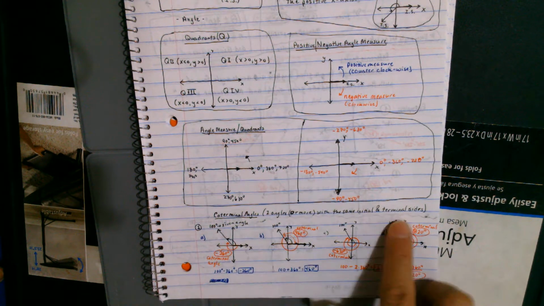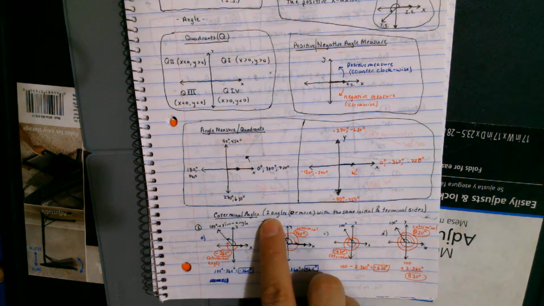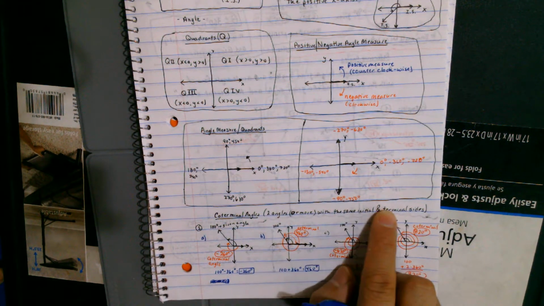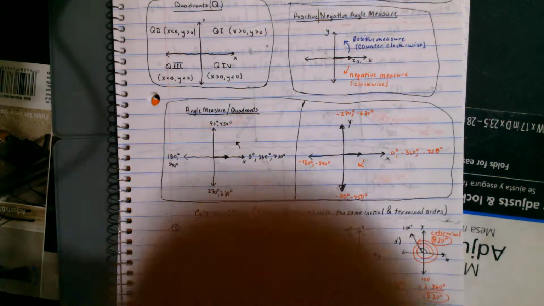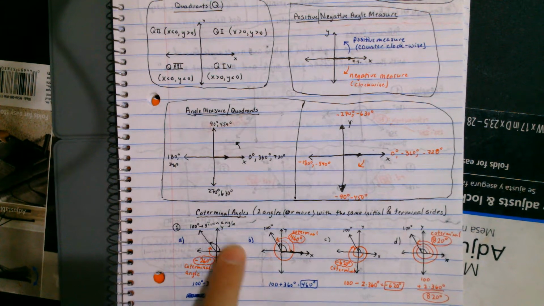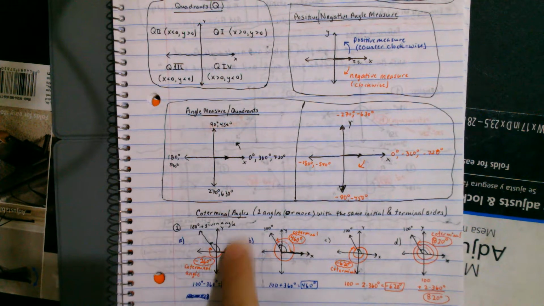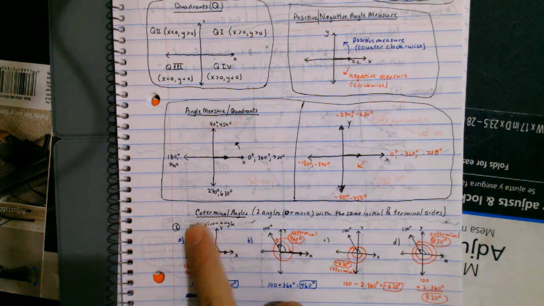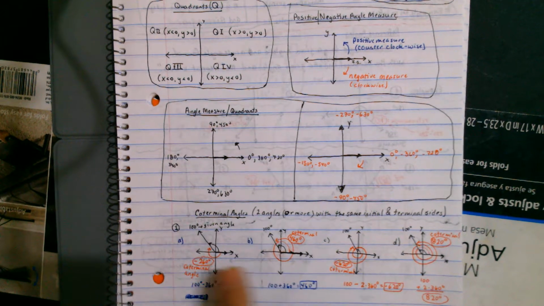You have the idea of what are called coterminal angles. So there are two angles or more with the same initial and terminal side. So you can see that a little bit better. If you're given 100 degrees, again, 100 degrees lives in the second quadrant. It's 10 degrees past 90, 80 degrees short of 180.